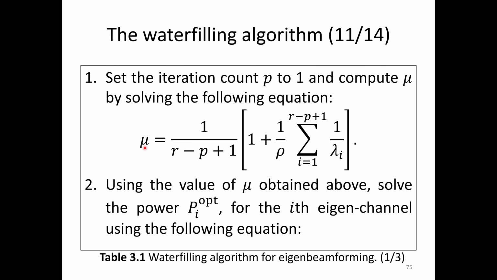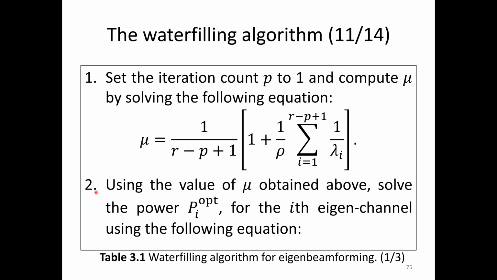Mu is equal to 1 over (R minus P plus 1), which is 5 minus 1 plus 1, so it is equal to 5, times (1 plus 1 over rho, which is the SNR at the receiver) times the summation i equals 1 to 5 of 1 over lambda_i. This is step 1.